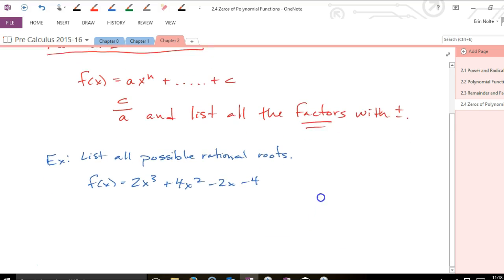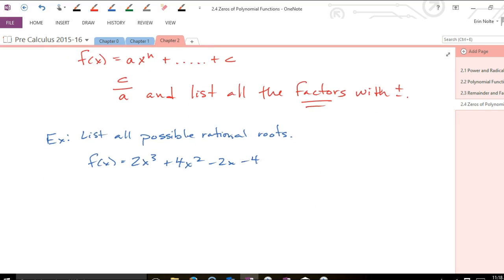Okay, so first of all, how many possible real roots are there? Okay, there could possibly be 3 real roots. Real roots implies if I graphed it on the calculator, I would literally see the function crossing the x-axis. So there could potentially be 3, there could be less than 3, there could be 2, there could be 1.